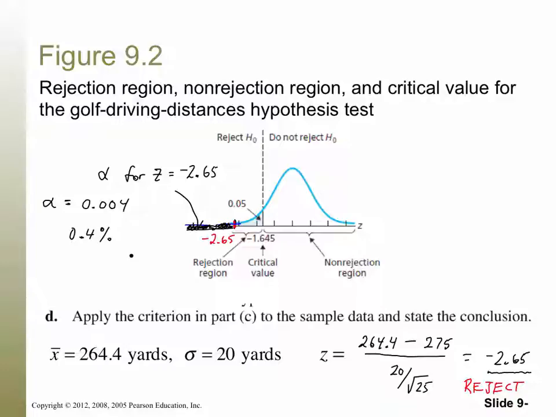So by getting this z value of negative 2.65, yes, we reject at the 5% significance level, but then we can also say something a lot stronger than that, right? So what can we say now? The fact that we got this very low z-score, or big negative, means our confidence that he can't hit 275 just went up from the 5% significance level. So what significance level does negative 2.65 indicate?